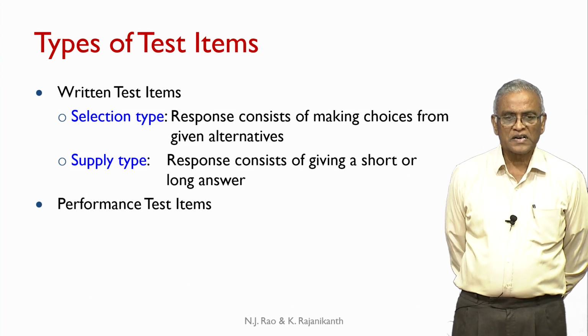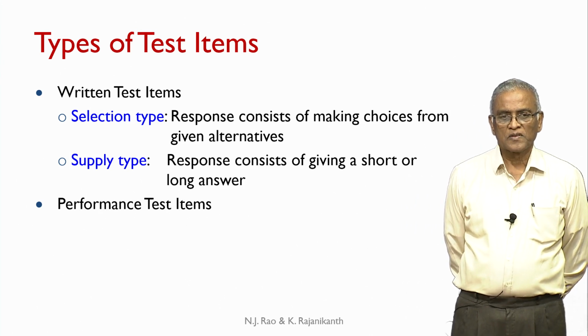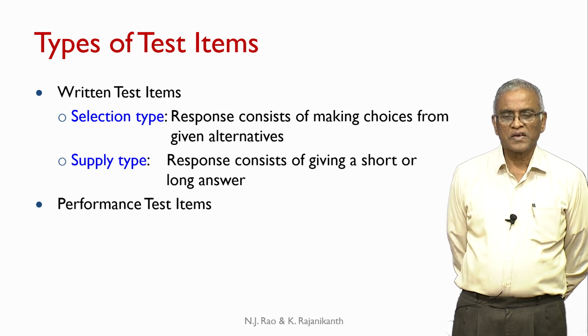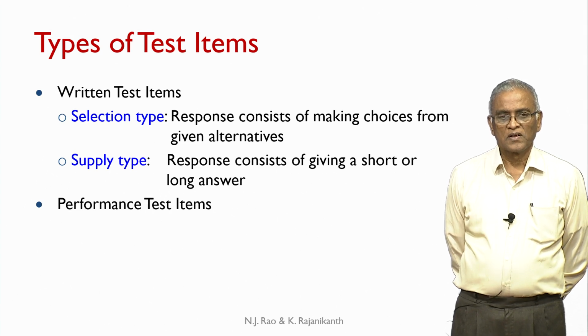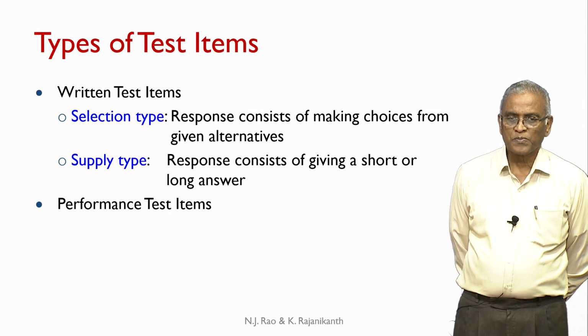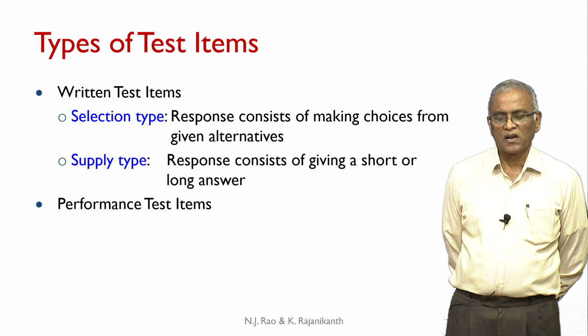Whereas written test items again are of two types. One is selection type. The response consists of making choices from given alternatives. Supply type consists of giving a response in the form of a short or long answer.